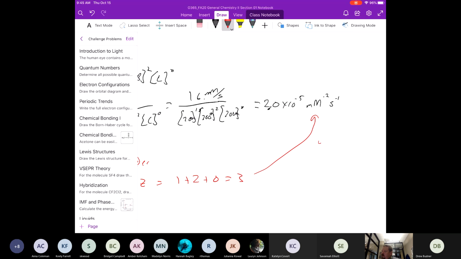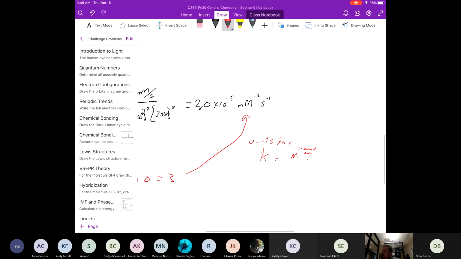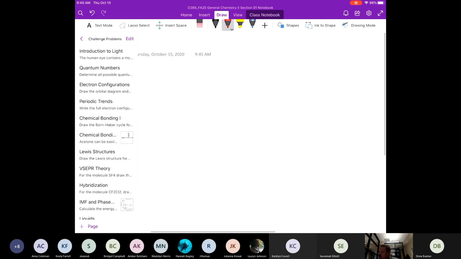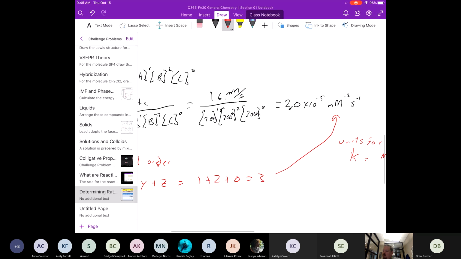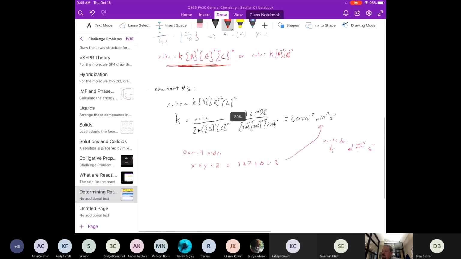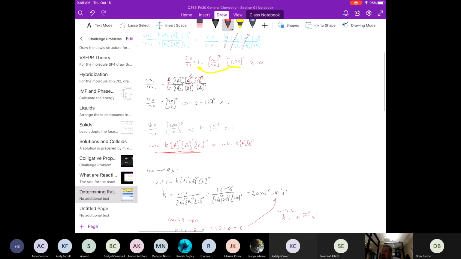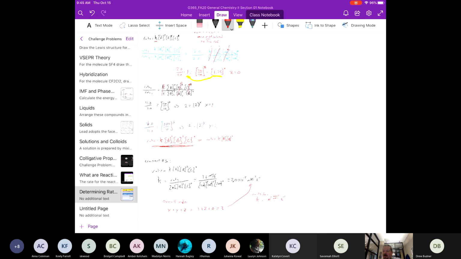When we talk about the units for our rate constant, lowercase k, it's going to end up being some unit of molarity to the 1 minus overall order, and seconds to the -1. Let me actually write that so you can read it. 1 minus the overall order, and seconds to the -1. Right? Okay. Questions on that?